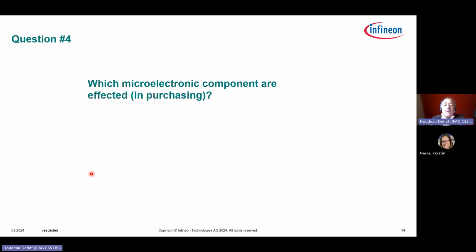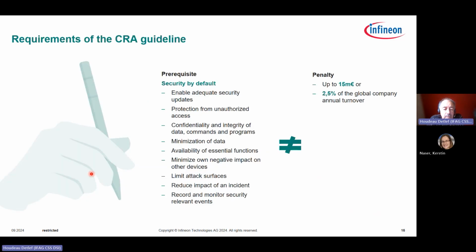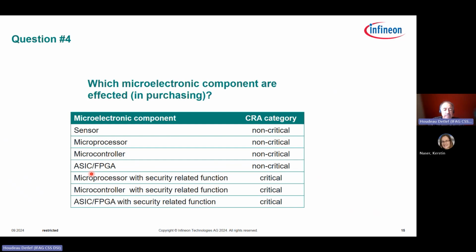So which microelectronic components are affected in purchasing according to this Cyber Resilience Act? You see here a short table: sensors, microprocessors, microcontroller, ASIC and FPGA as a standard product fall in the Cyber Resilience Act category non-critical. In the case microprocessor, microcontroller, ASIC and FPGA have security-related function, then this product falls in the category critical.